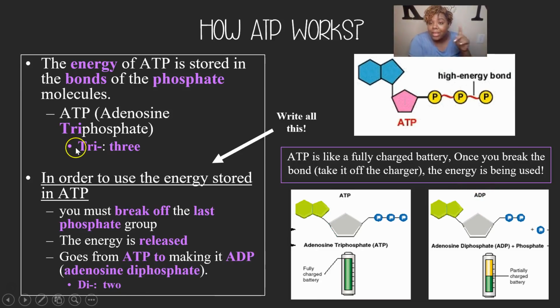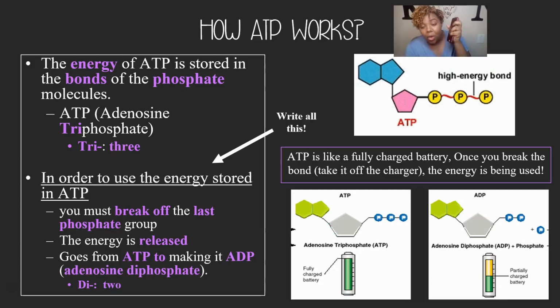Now, we said the word tri means three. So in triphosphate, you have three phosphates. But in diphosphate, how many do you have? Two. Okay? So think about it like this. When you have your phone on the charger and it's at 100%, you have all that energy stored in your phone.